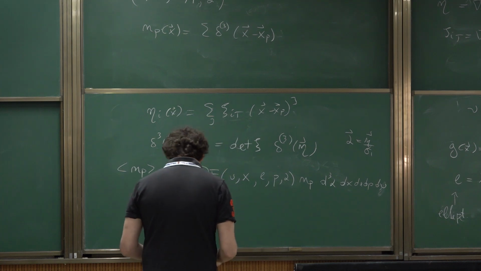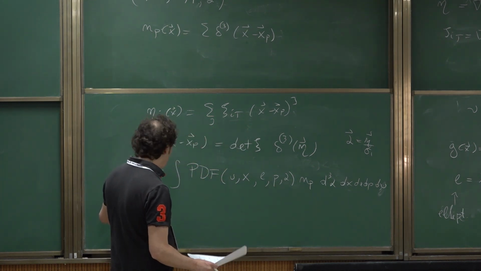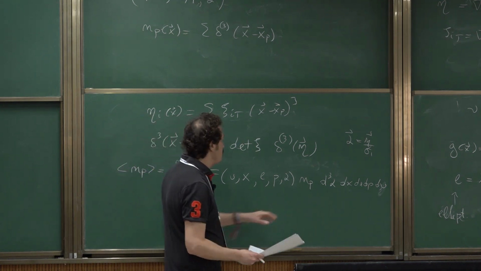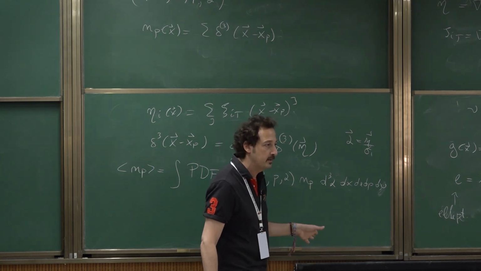Now I can write down the marginalized probability distribution when I integrate in alpha. It is just the probability distribution once I know that there is a peak.